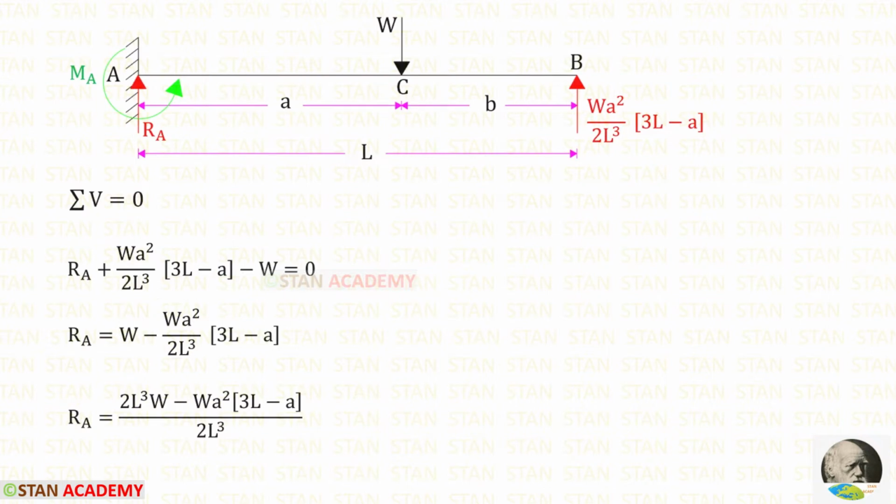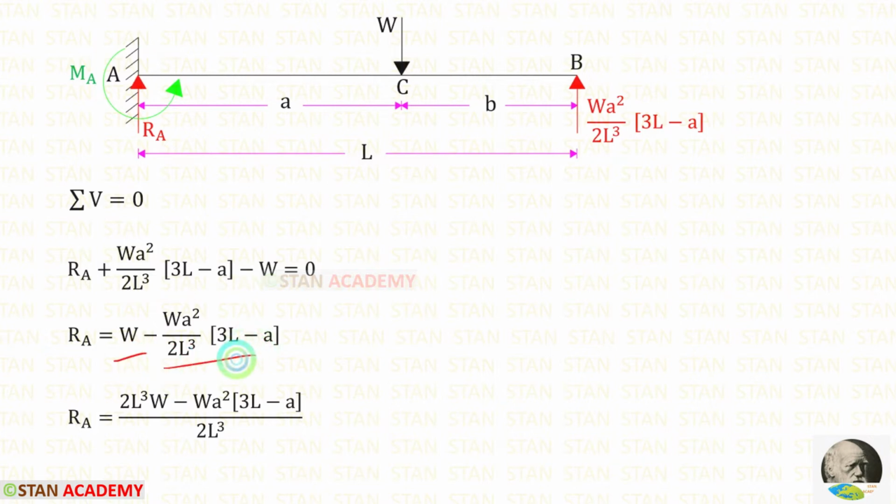Now let us apply the rule sigma V is equal to 0 and find RA. RA and RB are acting upwards, so both of them are positive. W is acting downwards, so it is negative. We can take these two terms on the other side. They will come with the change of signs.